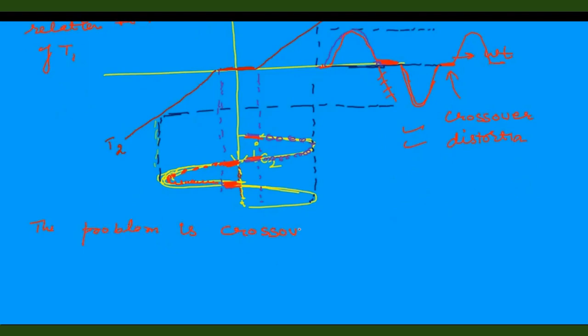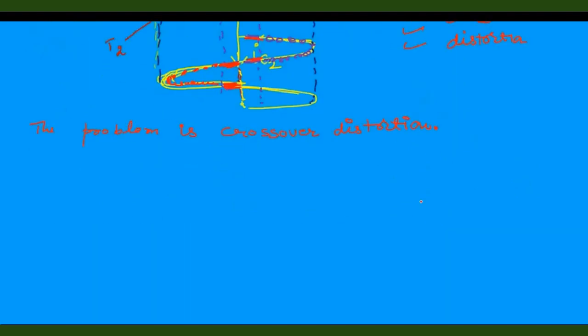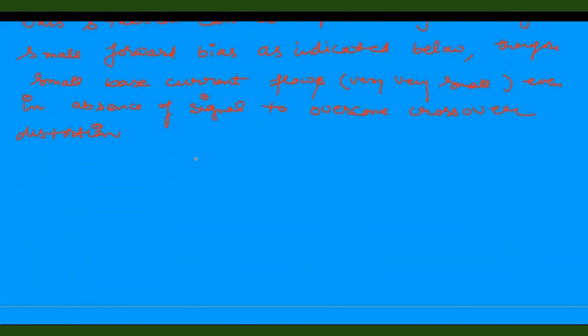Now, how is the problem overcome? The situation can be improved by the use of small forward biasing to the transistors, so that some very small base current always flows, even in the absence of the signal, to eliminate the crossover distortion.